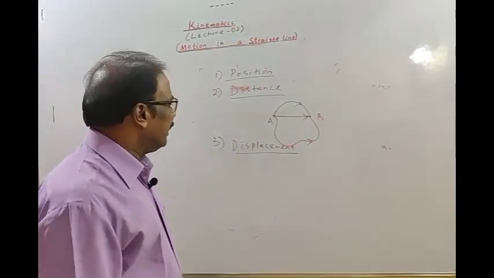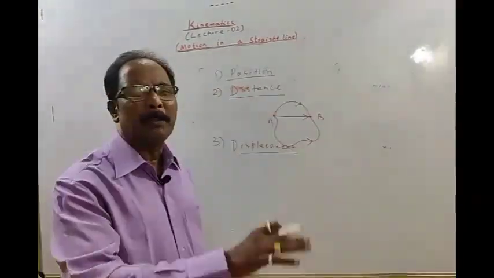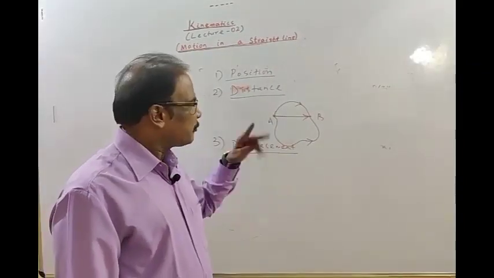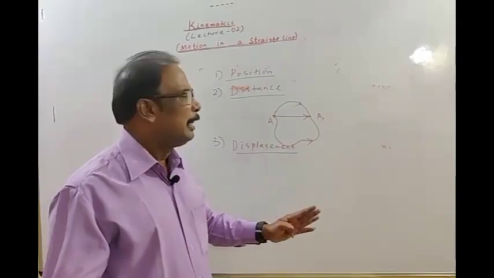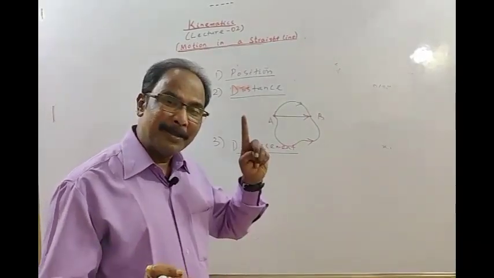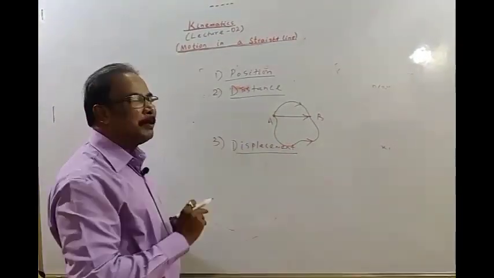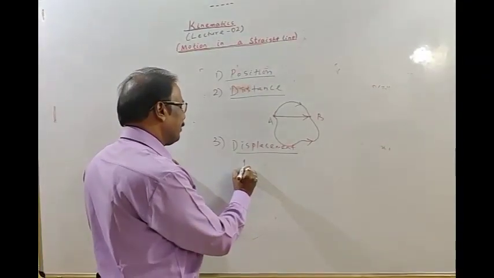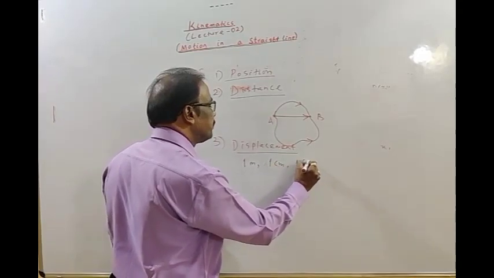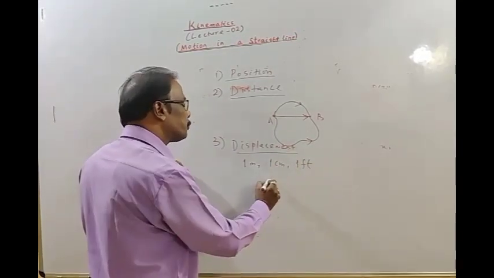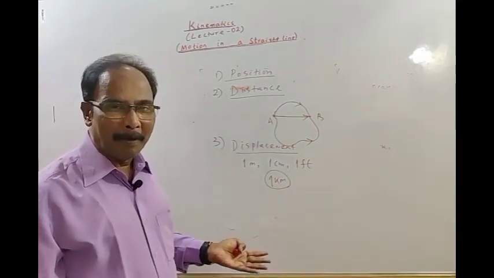Displacement doesn't depend upon path length, so displacement is independent of path, but distance is path dependent. The units of distance and displacement are the same: in MKS meter, in CGS centimeter, and in FPS foot. For longer distances we use kilometer in our regular practice.